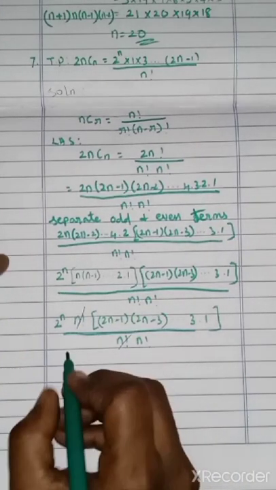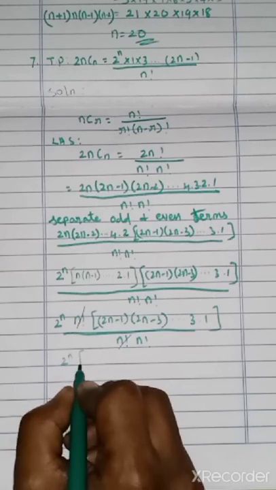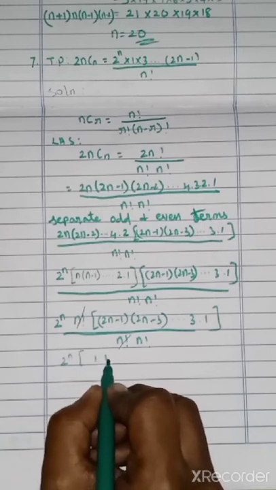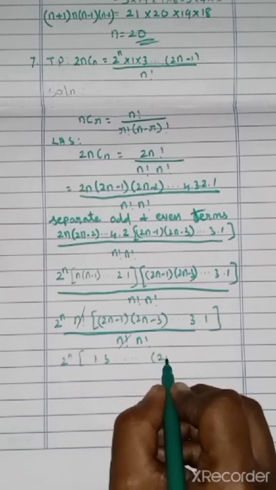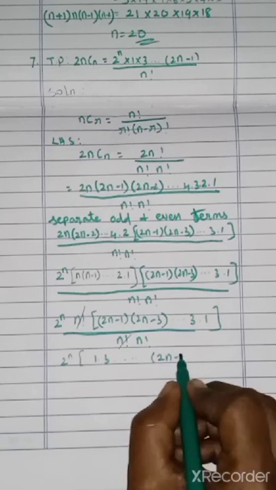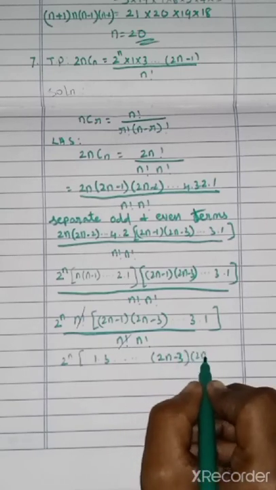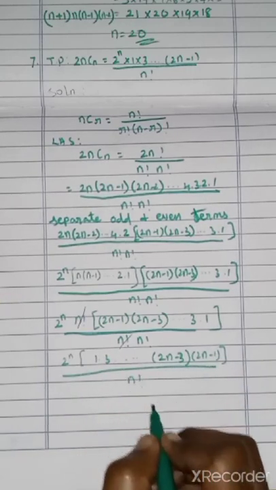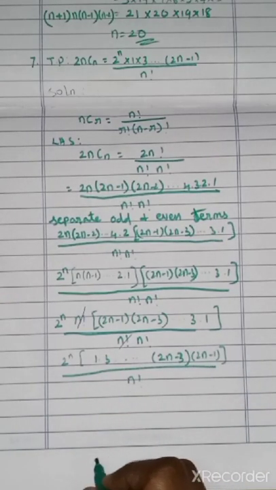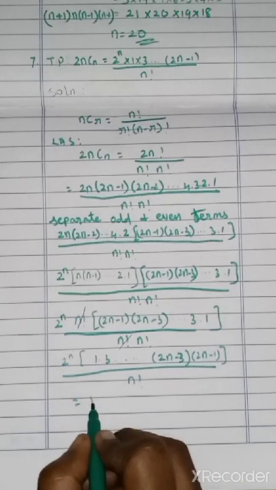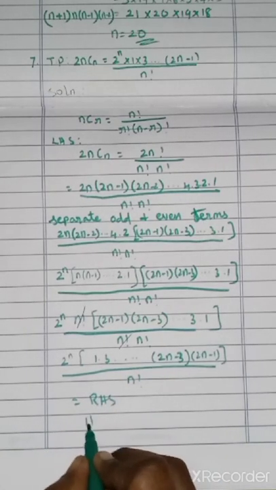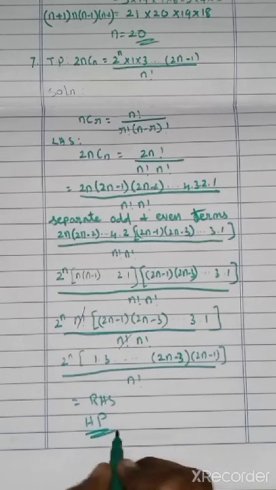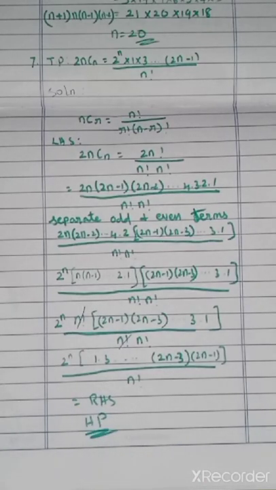So what will be remaining? 2 power n into 1 into 3 into etc., up to 2n minus 1, divided by n factorial. That is what we want to prove. Okay, that is your right hand side, hence it is proved. Is that clear?